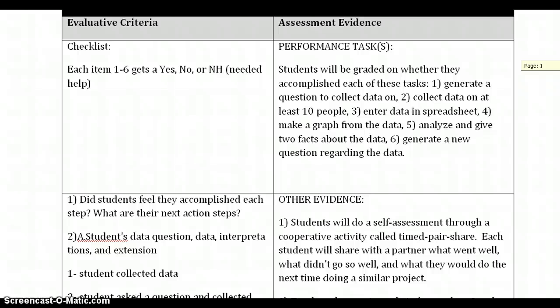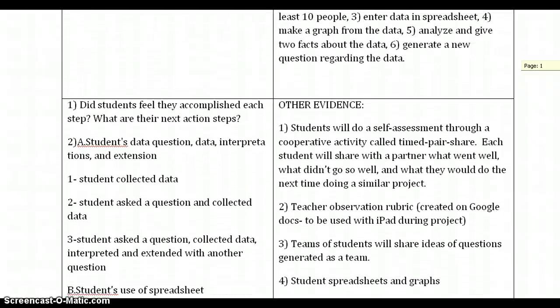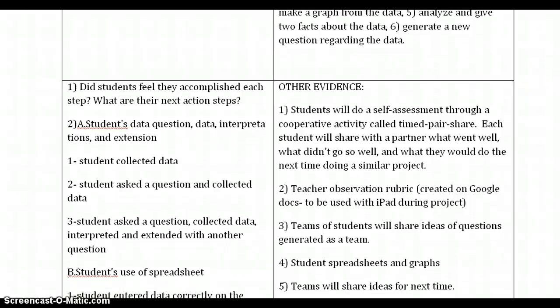And then the other 2 ways of assessing that I'd like to do is a self-assessment, and you'll see that in the lesson plans where I have them doing cooperative structures where they'll be doing a timed pair share, having to think about what they learned, what went well, what didn't go well, and then share it to a partner. And then some of those partners will have time to share out in the whole class.